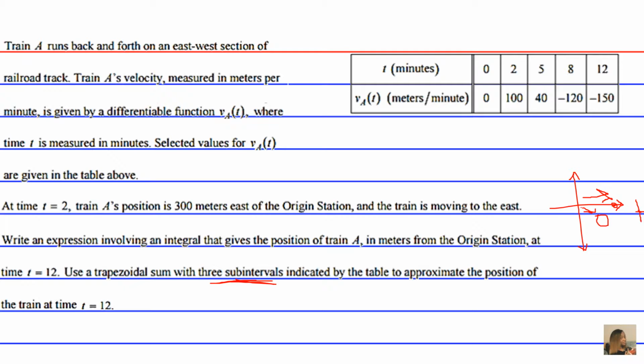So pretend that t equals 12 falls right about there. What's going to be the position of the train at that time? I'll give you a moment to think about how to go about summating the trapezoidal approximation, okay?